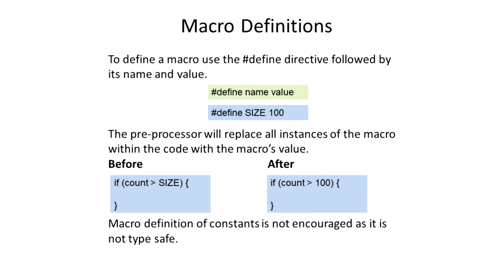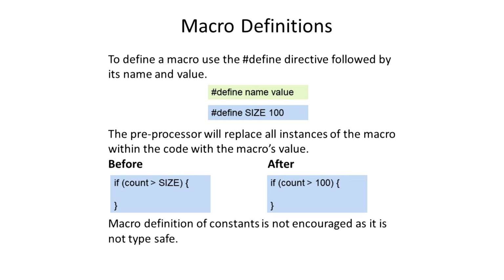And if, say, within the main function we had code such as the furthest left blue box underneath the before header here, if count is greater than SIZE, that would then become if count is greater than 100, because the reference to SIZE would be replaced with the value of 100.